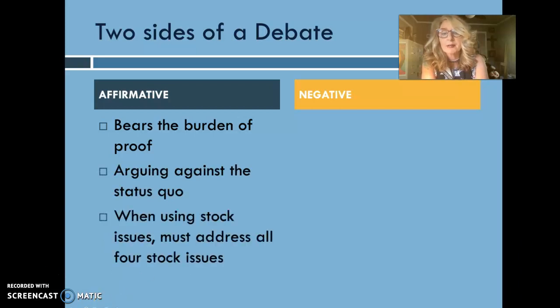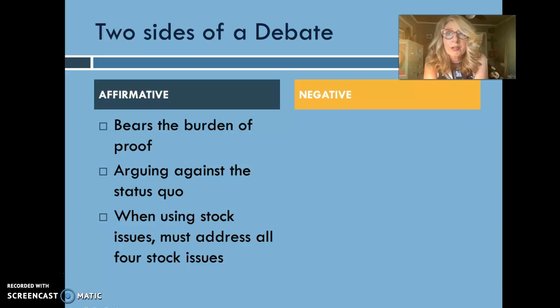I've already said that. And when you're using stock issues, which you will be using in the policy debate you'll be having in class, you need to address this in all of your stock issues. You have the burden of proof. You're arguing against the status quo.